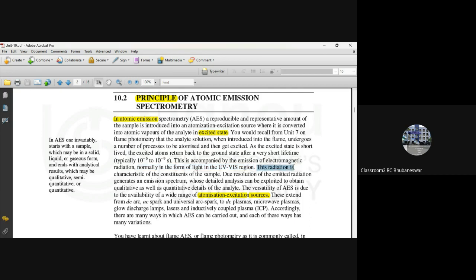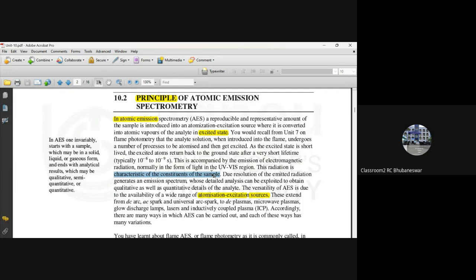So this radiation is characteristic of the constituents of the sample. The emitted radiation which you are seeing is characteristic of the constituents of the sample. Here I want to tell you one concept. Just imagine you have a sample solution, and the molecules or atoms you want to study will have different surroundings. Suppose box A is there and box B is there.